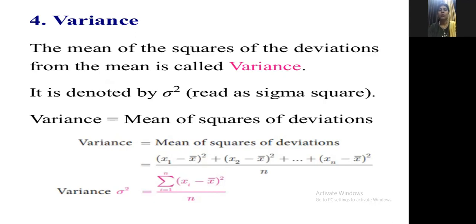That means the number of data is not given, so we are using that there are n number of data. So this formula is xi minus x bar whole square and divided by n. So let's understand the next one.